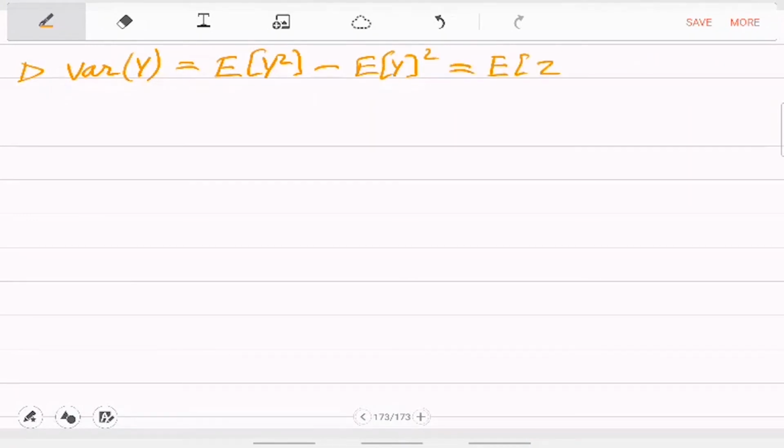So next what we will do is, for concentration inequality, we will compute the variance of y. So variance is expectation of y square minus expectation of y whole square, which is expectation of z to the 4 minus this.